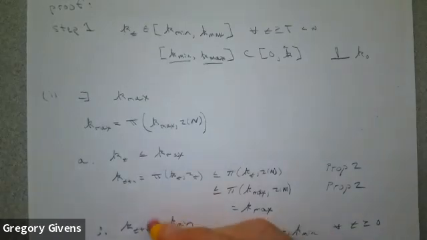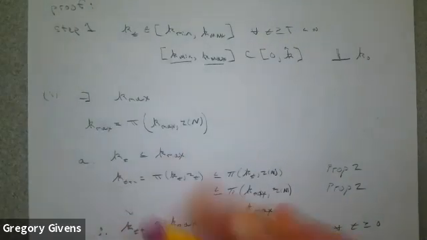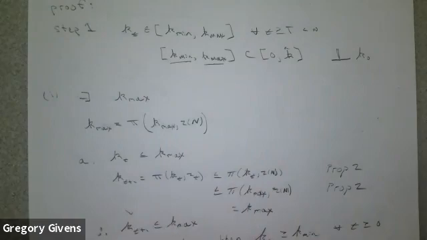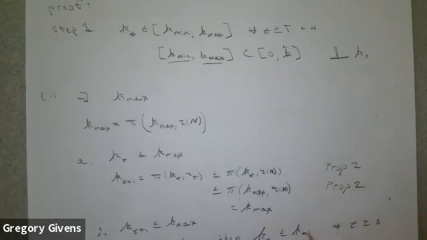Therefore, K_{t+1} has to be less than or equal to K_max. So if initial capital is less than or equal to what we've defined as K_max, then K_t will be less than or equal to K_max for all t.